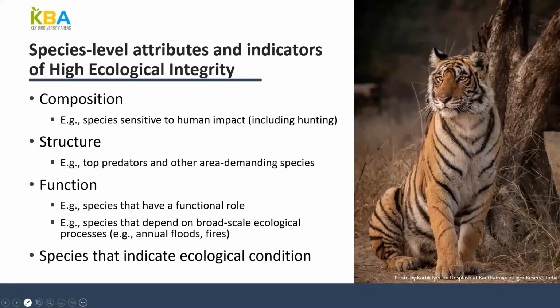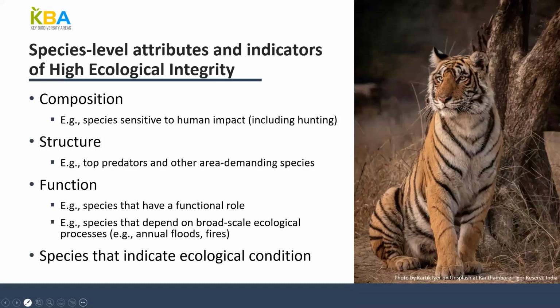So for example, here are some species level indicators for the three components of ecological integrity. To show high integrity in terms of composition, you can identify species that are sensitive to human impact or human activities, and then just measure their population size.